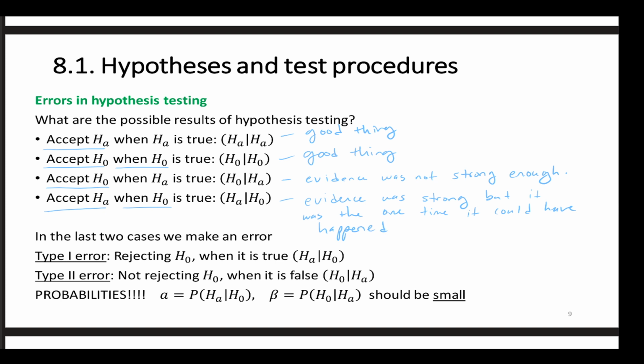So these are types of errors. These are two types of errors that might happen whenever we do these hypothesis tests.